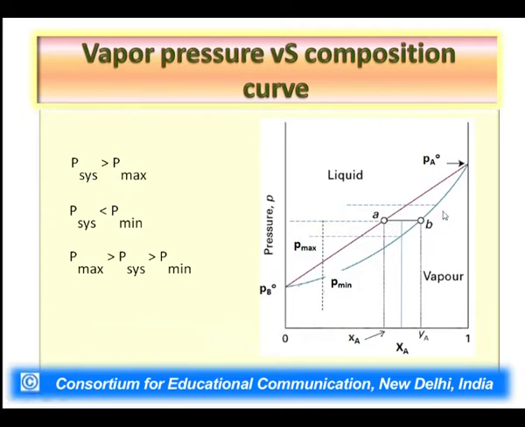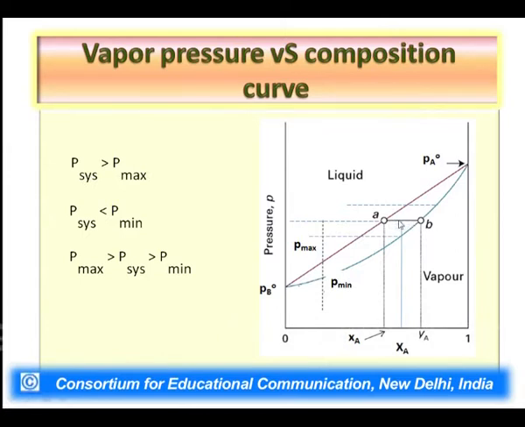So what I mean to say is that if you fix the pressure, the overall composition can be anywhere between A and B. It can be this point, it can be this, it can be this also, as you can see from the pointer in the graph.